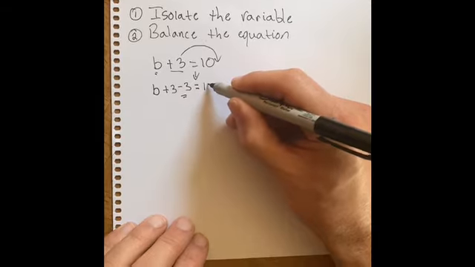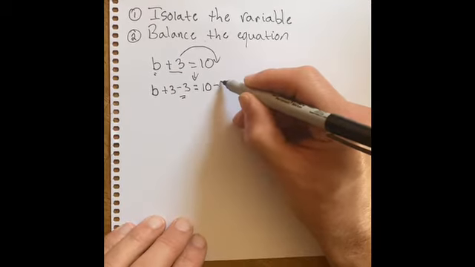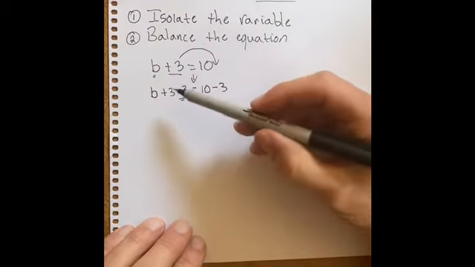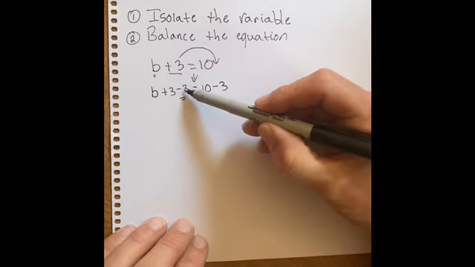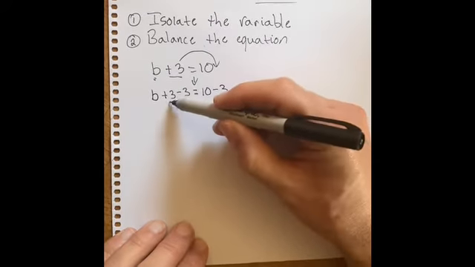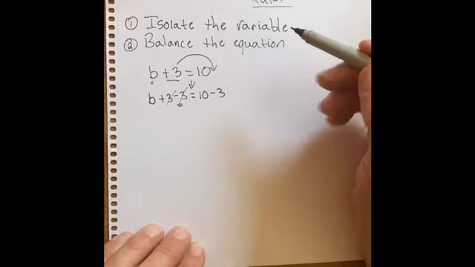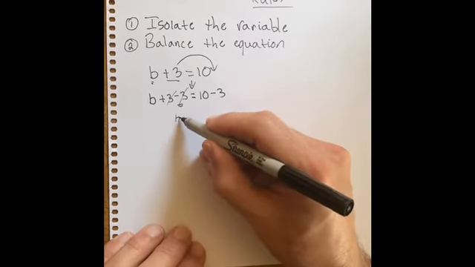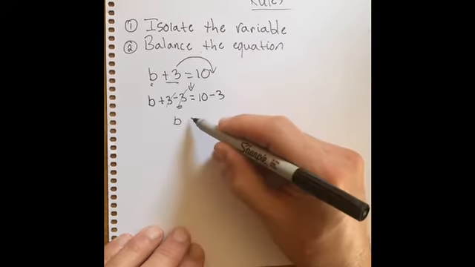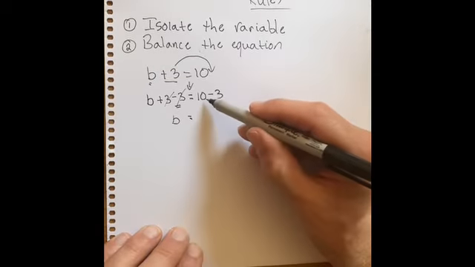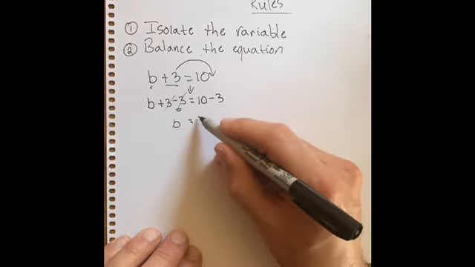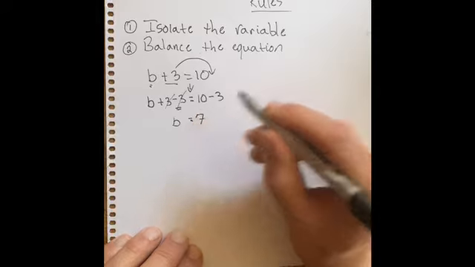So we come over and we say 10 subtract 3. Now 3 subtract 3 is 0. So effectively they cancel out and the only thing left is b. b equals 10 subtract 3, which is 7.